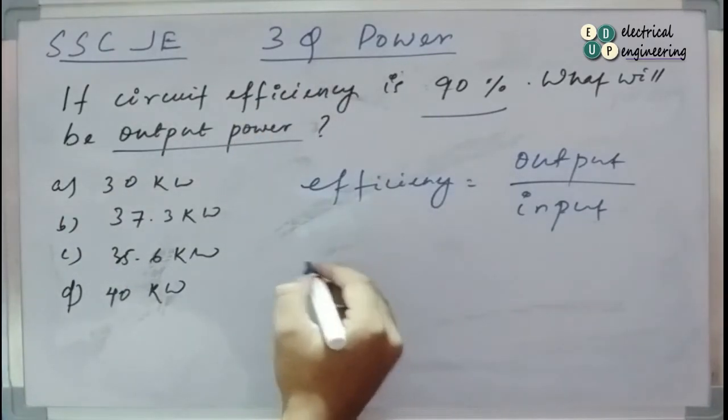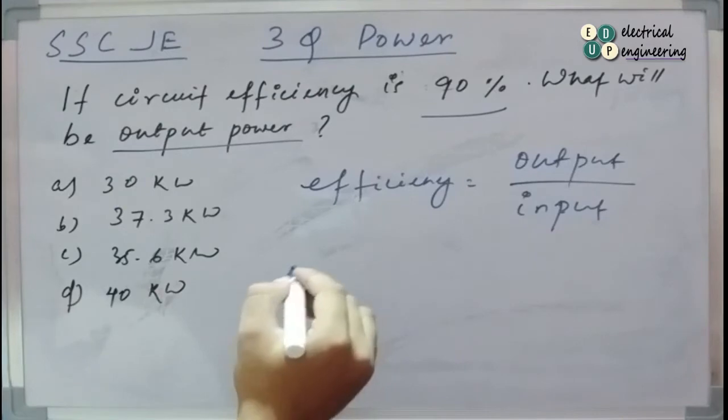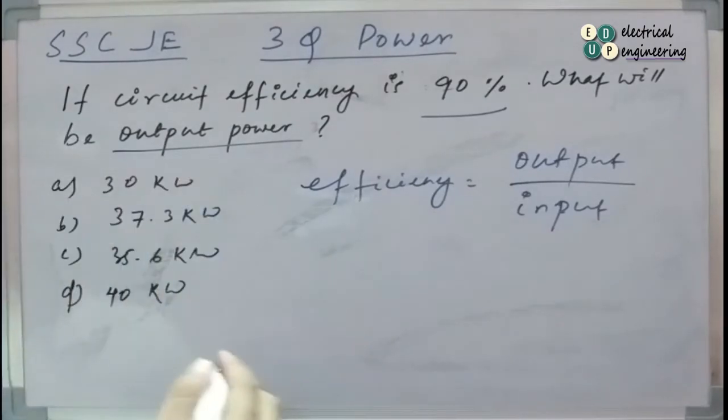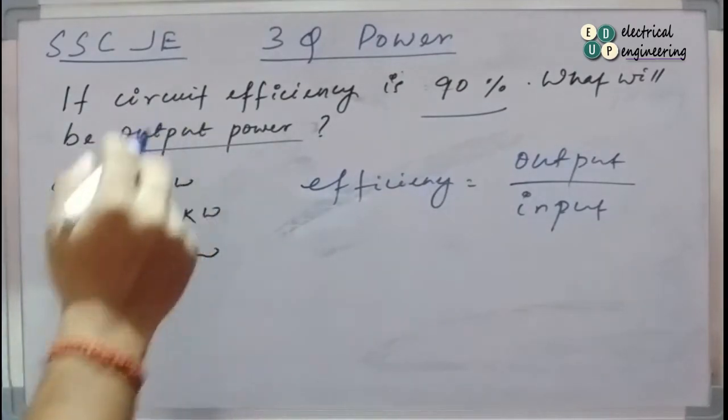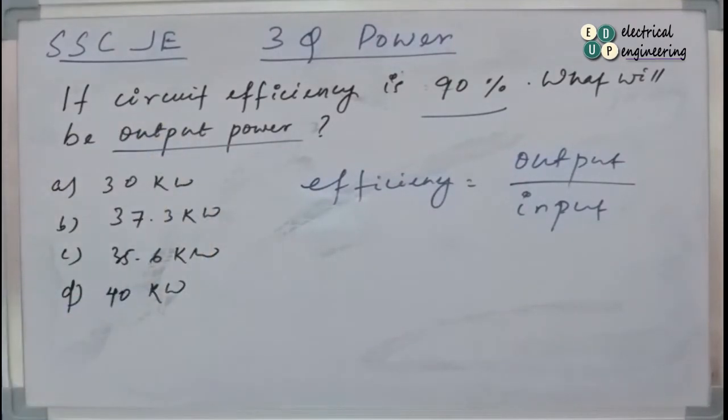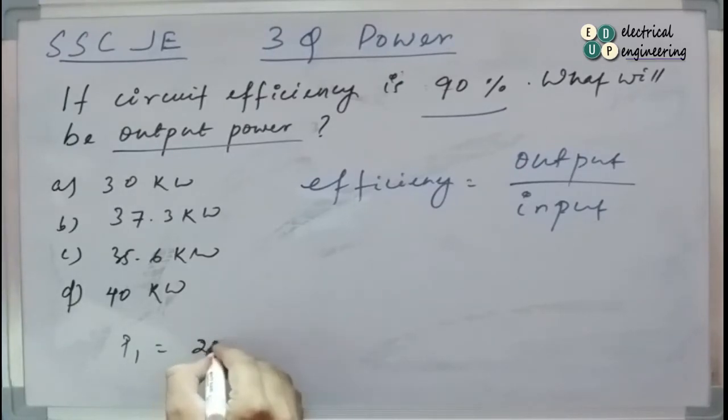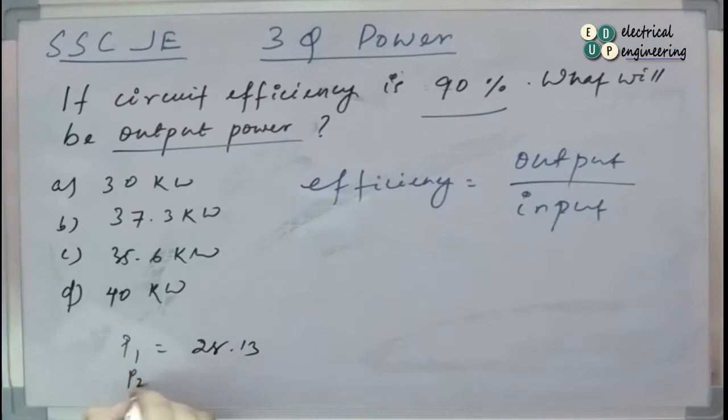Actually, it's circuit efficiency 90% now, right? So this question is referred to the previous one. Previously there were two power readings given, that is P1 equals 28.13 and P2 equals 13.31 kilowatt.